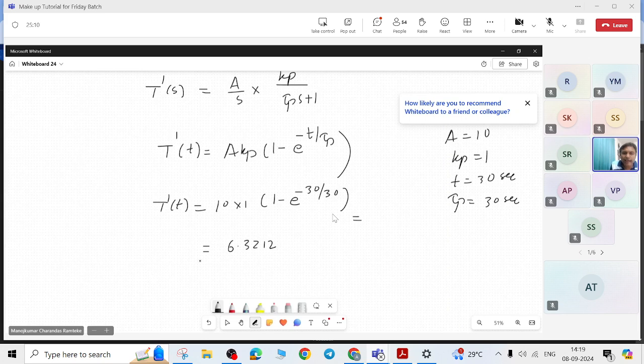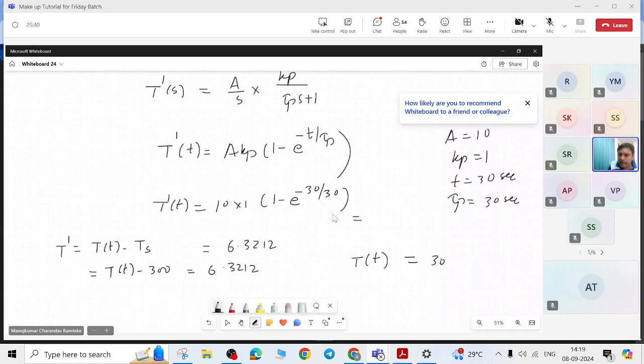So T dash is nothing but T minus T steady state, which is nothing but T minus 300. So T dash is 6.3212, and the actual temperature will be 306.3212.